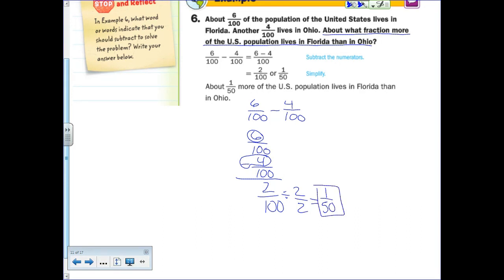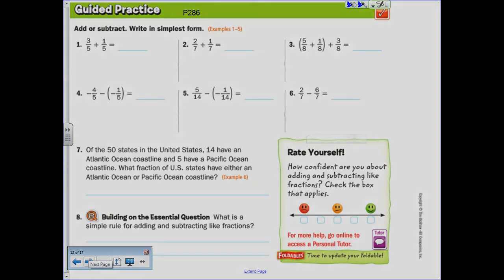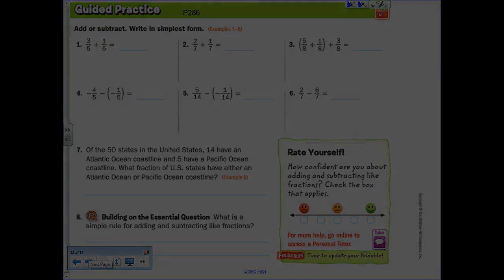So we could say that about 1/50 more of the US population lives in Florida than in Ohio. So about 1/50 more in FL than, I can't spell than, OH. Okay, go ahead and make sure you have all of those lettered problems done.